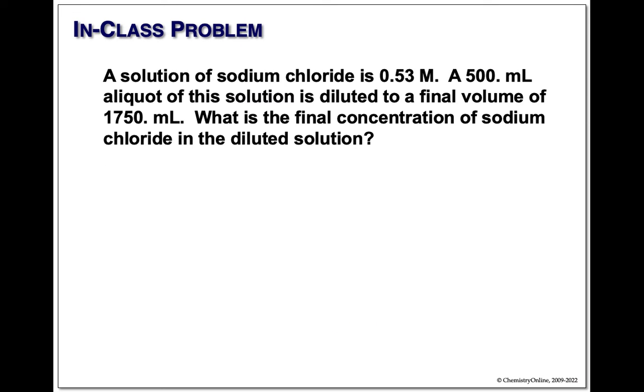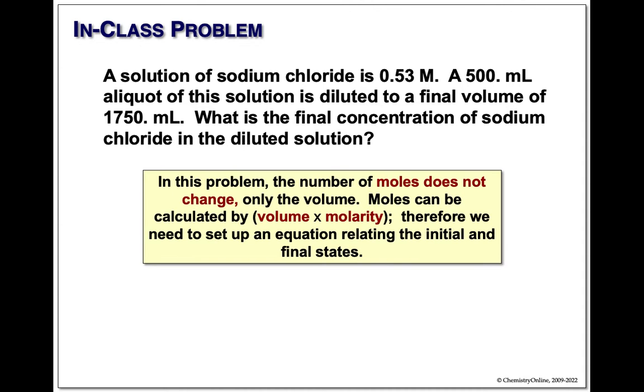We have sodium chloride at 0.53 molar, 500 mL, diluted to a final volume of 1750 mL. What's the final concentration? Number of moles does not change.